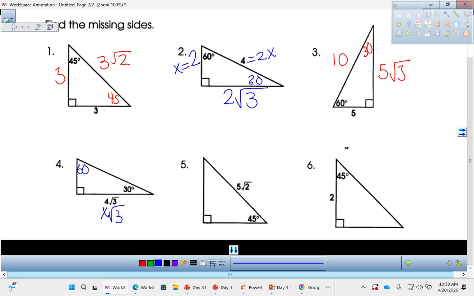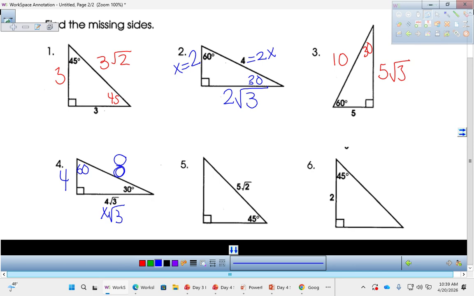So I really don't have to solve for anything. My small side length x is going to be 4. Because if this is small side length times root 3, I've already got the root 3 part. So this is going to be a 4. And then this is 4 times 2, which makes this side length 8. All right, so that one was pretty straightforward.